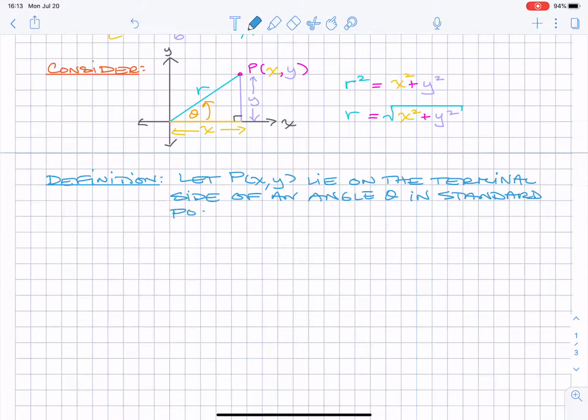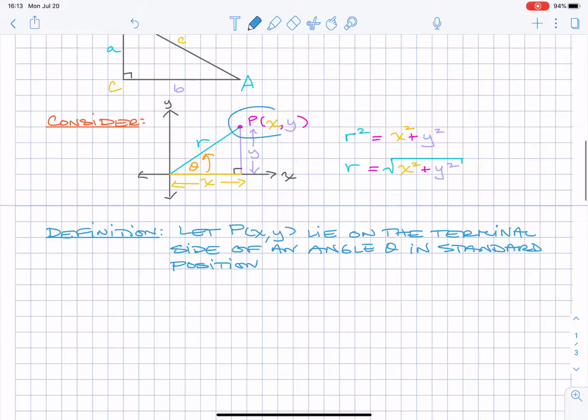So basically exactly what I have above. So this point P lies on the terminal side of the angle theta in standard position.